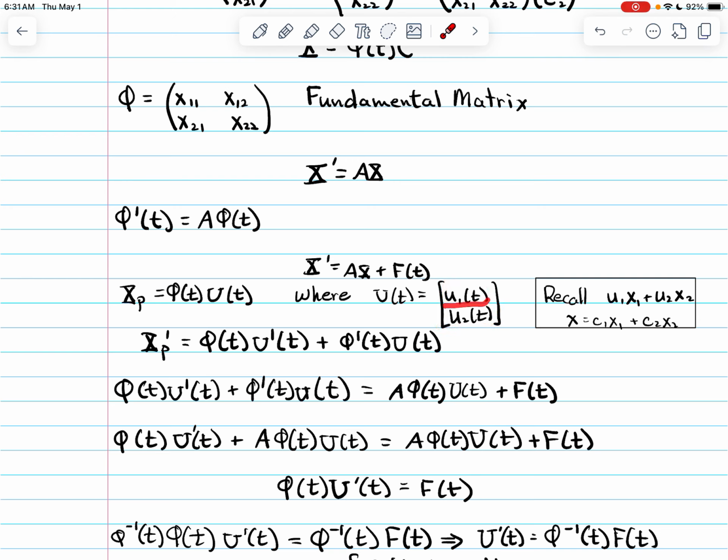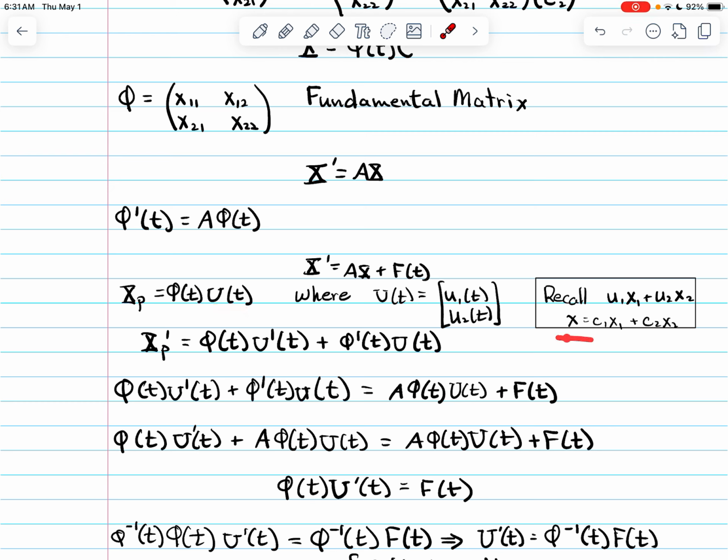Okay, so we have a function of t in there and a function of t there, and we're just saying, okay, this phi of t times this thing is going to give us the solution. And we just want to say, okay, if that's the case, if we're speculating that that's the solution, then all we have to do is find this U. We have to find this. We have to figure out what it is.